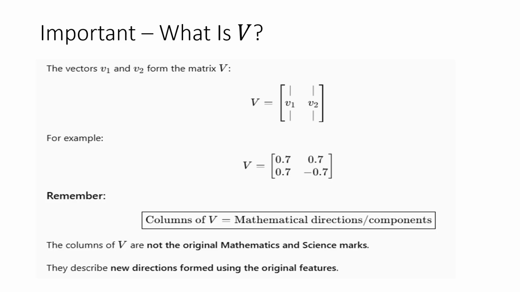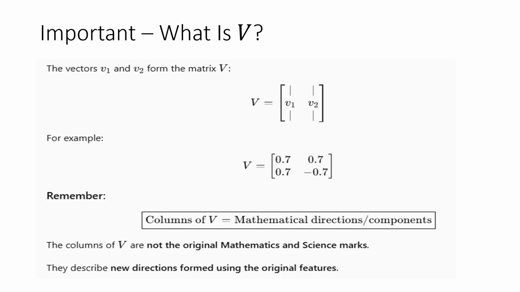This is the value of mathematics, and this is the value of science. In the second vector we can see that science has a negative coefficient, right? So this represents a different direction.